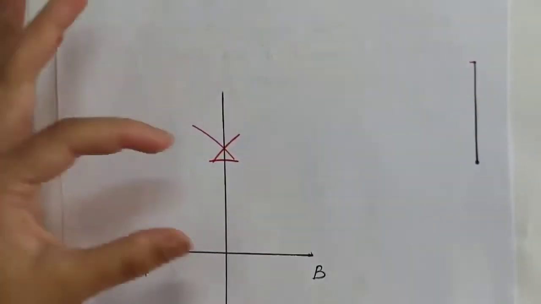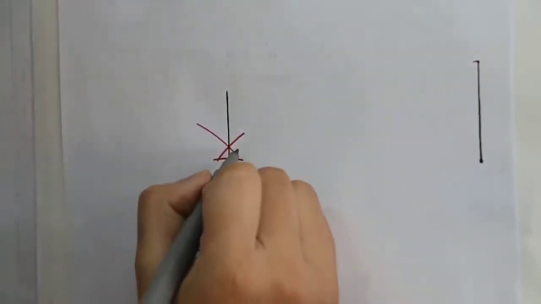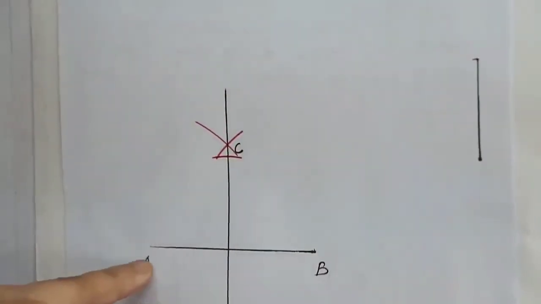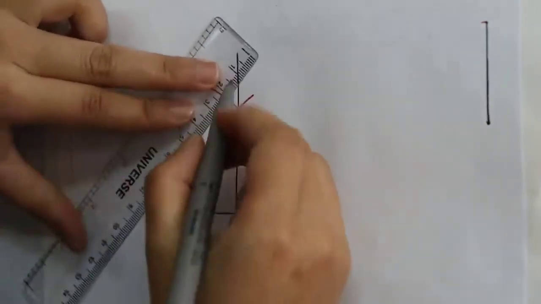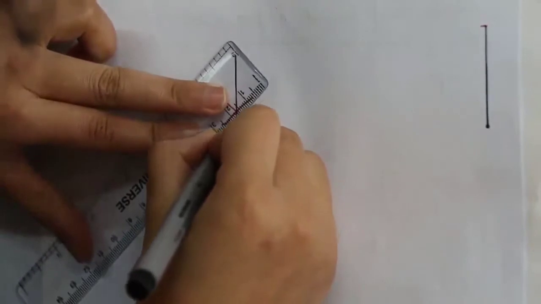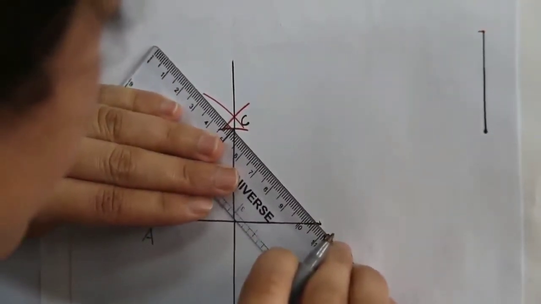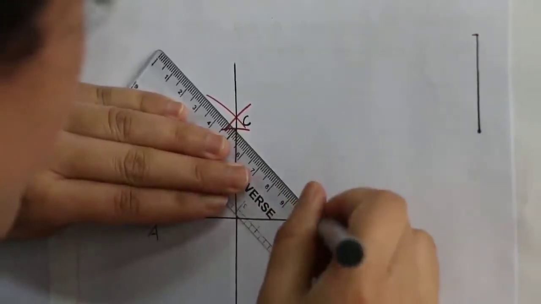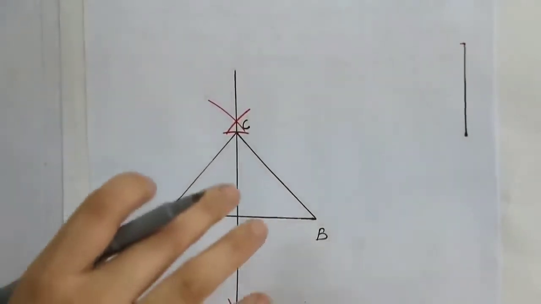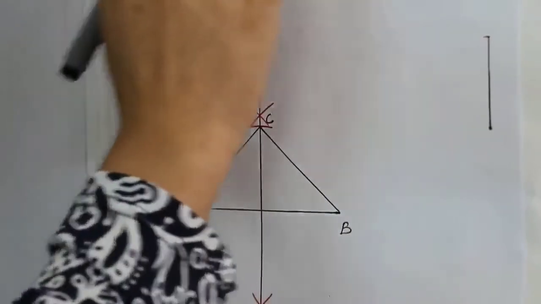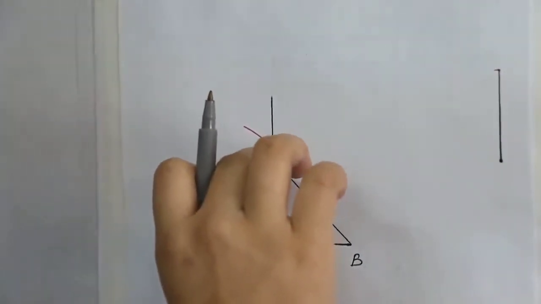So this is your altitude. Call it C. Now you join AC and BC. Therefore, this is the required isosceles triangle with base 8 centimeters and altitude 4 centimeters.